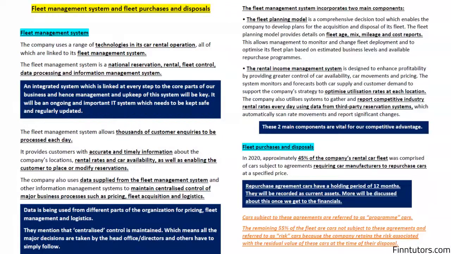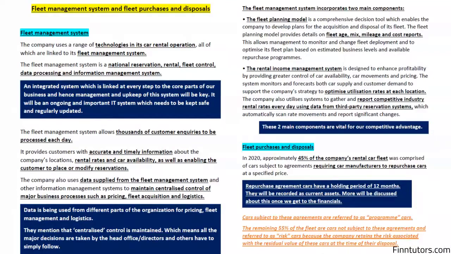The opposite could have been decentralized control, which is not very relevant in this case, according to me, because these three major decisions must be taken by people who have the experience, who've done the job, and who have the background, which is our head office or the directors.